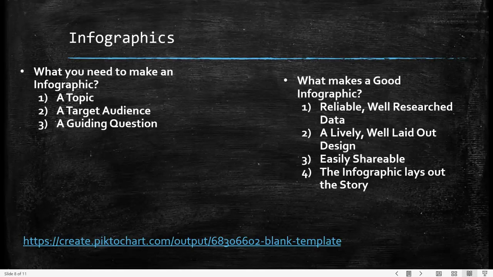We need to know who we're trying to relay this information to. And then the third thing you need for an infographic is a guiding question. This question is going to guide you. What question do you want answered from the reading of this infographic? This is going to guide you into what you want answered through this graphic.